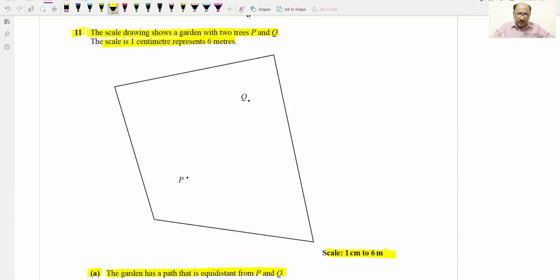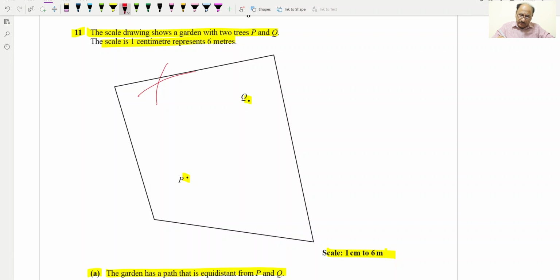We will be taking an arc. Basically, we will put our compass at P and Q and we will be making arcs, like, for example, this one and this one.